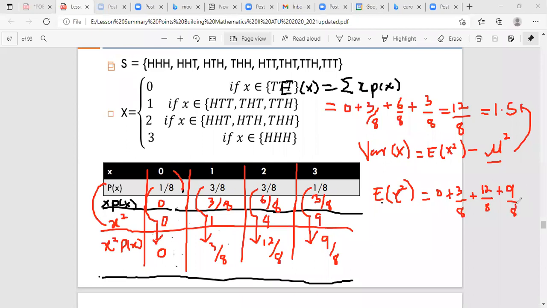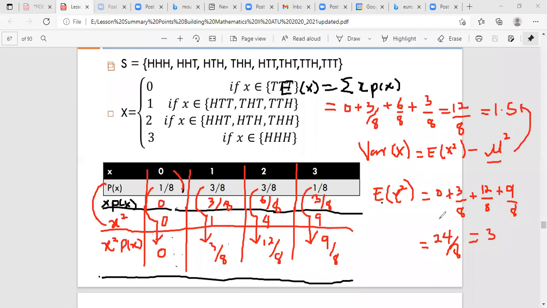Okay, good. And then once we do that, we are going to get 3 plus 12 will be 15, plus 9 will be 24. So we have 24 over 8. Okay, 24 over 8 is equal to what? Is equal to 3.